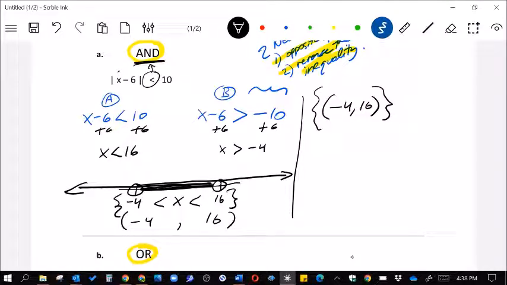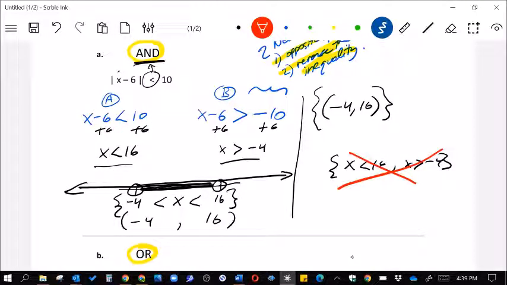Now, I will tell you, if you were to give an answer of x less than 16, x greater than negative 4, that is considered wrong. Because there's an overlapping area, you have to show that it's overlapped, that it's the area in between.